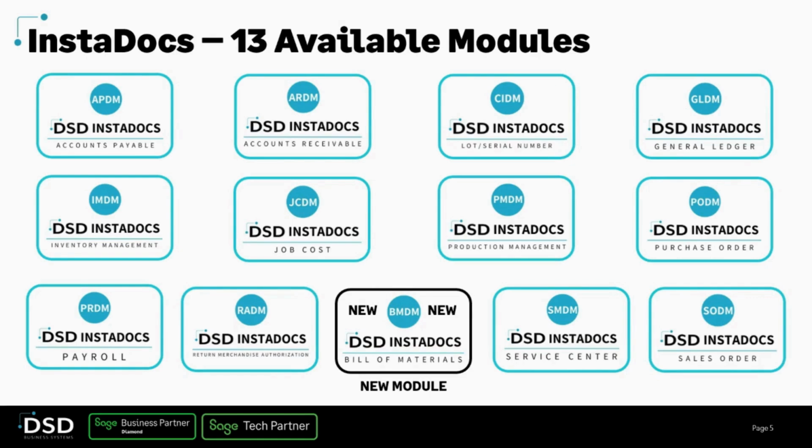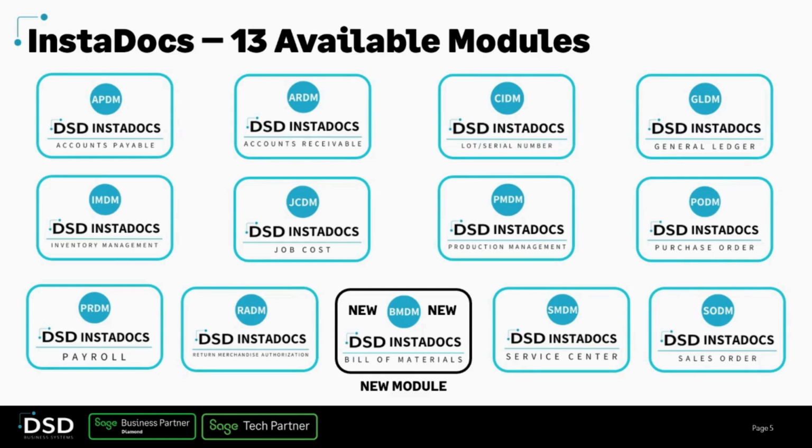So when we first designed Instadocs, we did the core modules and the distribution modules, which was AP, AR, inventory, PO, and SO. Again, this was a little over 10 years ago. Since then, I think we've completed all the modules in the Sage 100 system.